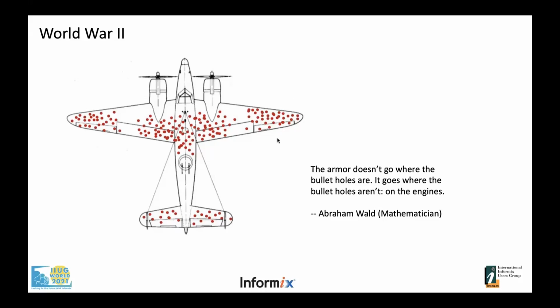But then there was another analyst or mathematician named Abraham Wald. He said that the armor doesn't go where the bullet holes are. It goes where the bullet holes are not there, that is, on the engines. He explained that whenever these warplanes are hit on the engines, that is when they go down and don't return back, and that is why we do not see the warplanes with bullet holes on the engines.